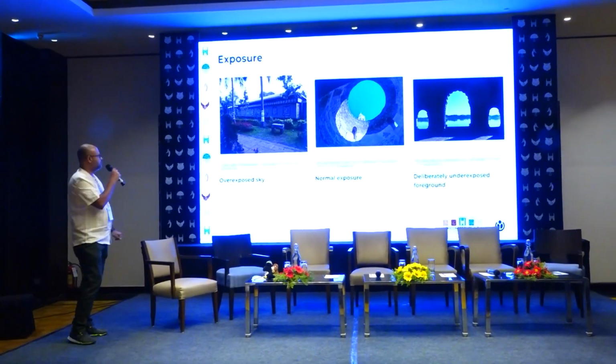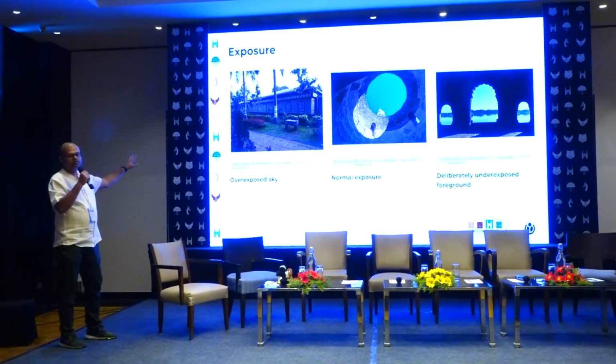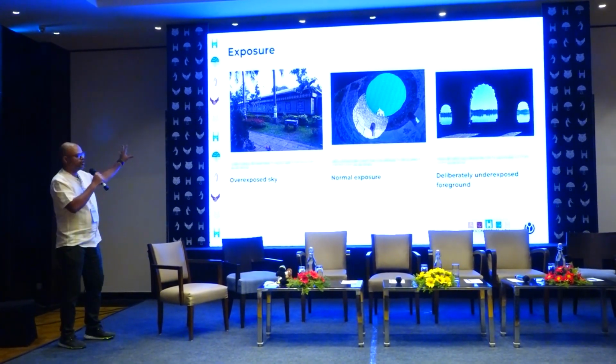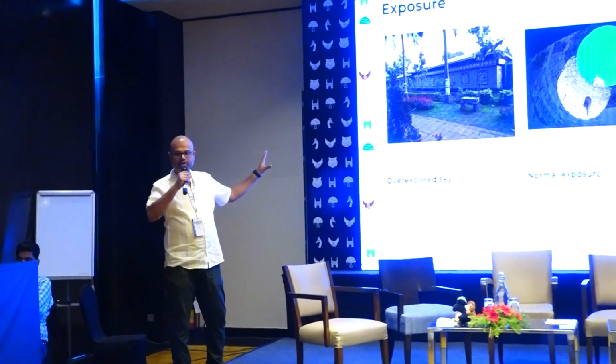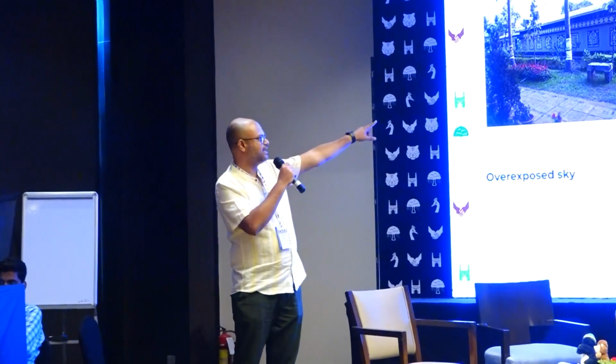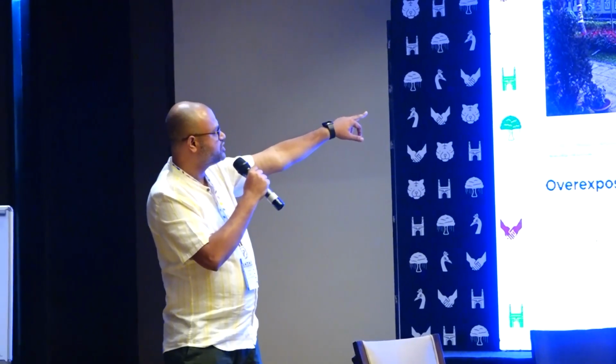That's not a problem here. The problem is the sky. The sky is overexposed. So even if the photo is documenting what we want to document correctly, it's not actually a good photograph. If you see the second image, the sky and the shadows are both properly exposed. That is the perfect exposure we should aim for.